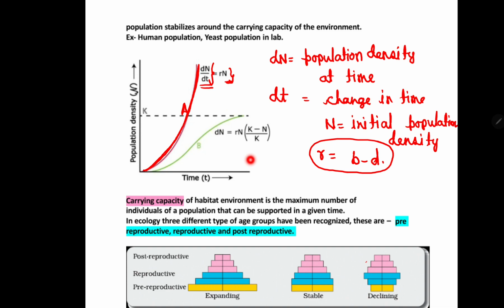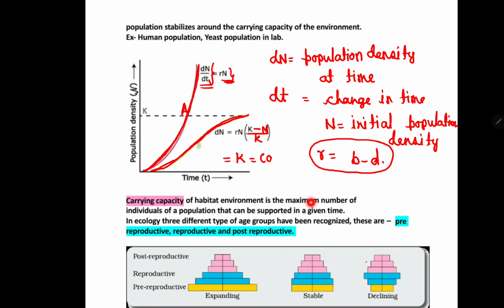This formula is right when resources are unlimited. But if resources are limited, once the population growth curve reaches the carrying capacity, then we get the sigmoid curve. And here, students, we have another formula: dN/dt = rN (K minus N) by K. What is K?